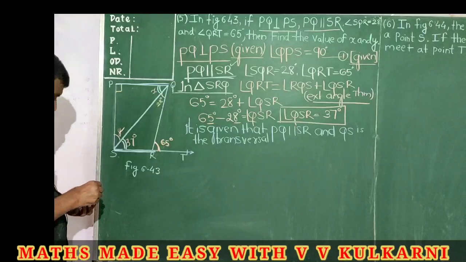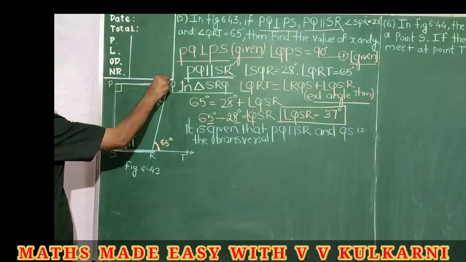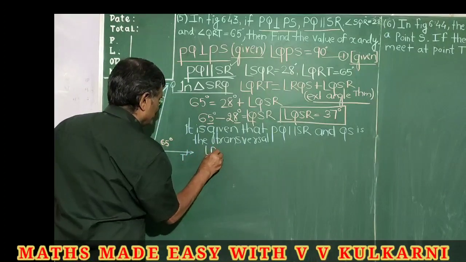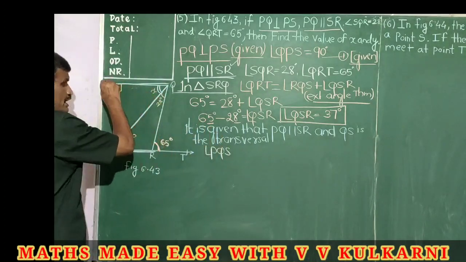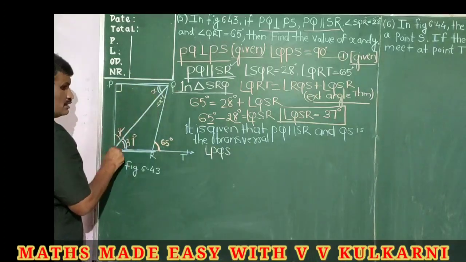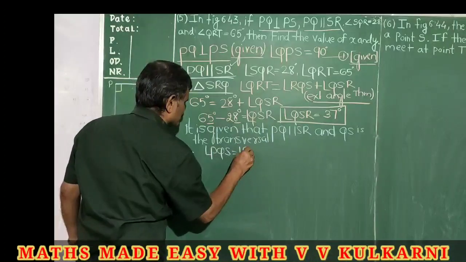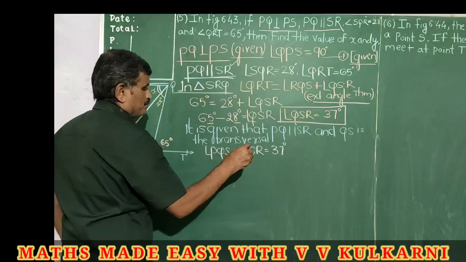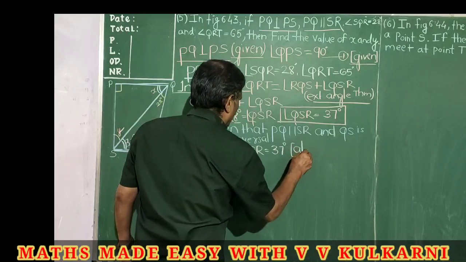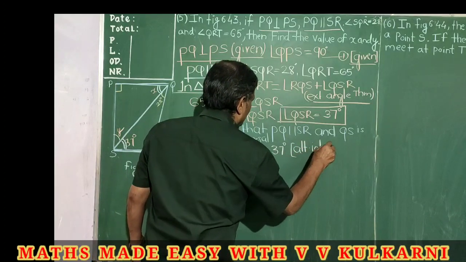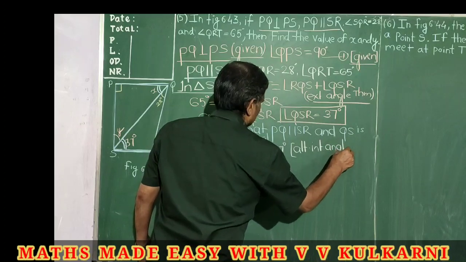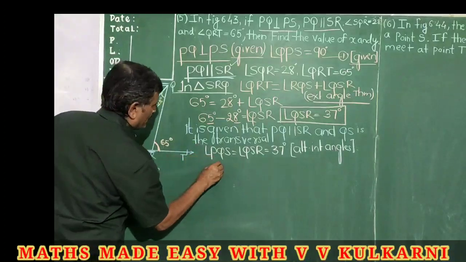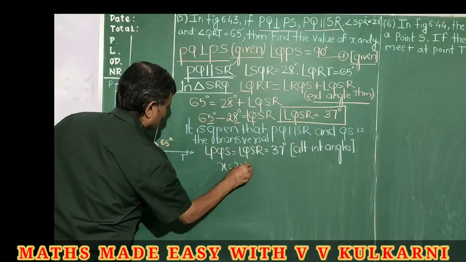So what I'll write here, angle PQS is equal to angle QSR is equal to 37 degree, because alternate interior angles. That means what I got here is, x is equal to 37 degree.